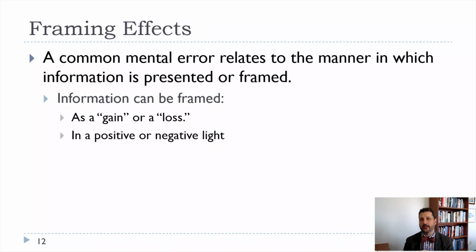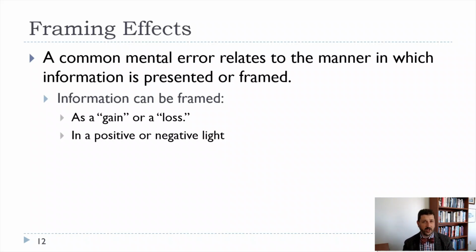Finding that reference level is tricky, but once you have it, anything less than that is considered a loss and people really don't like it. Anything more than that is considered a gain. Gains behave more or less how we think of traditional utility, with a concave utility function. But the problem is that losses behave as a convex utility function.